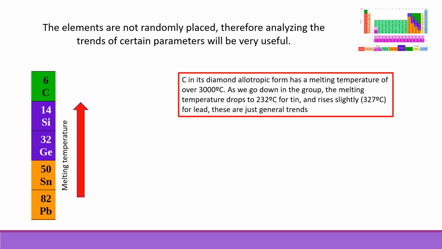Well, for instance, here I have selected this column, this group. It is the group of carbon, silicon, germanium, tin, lead.